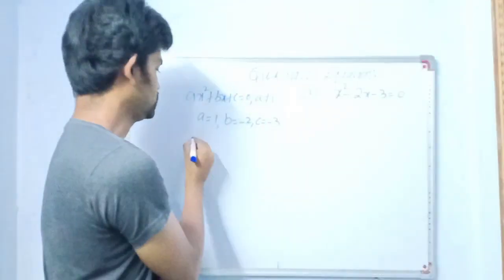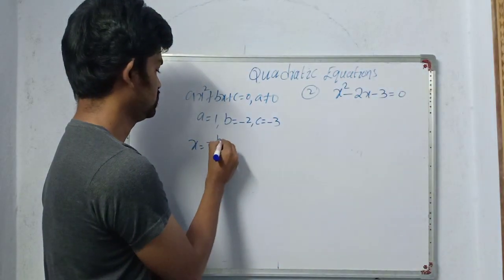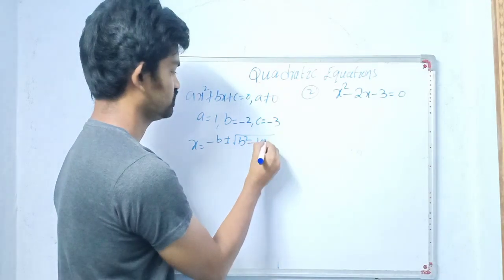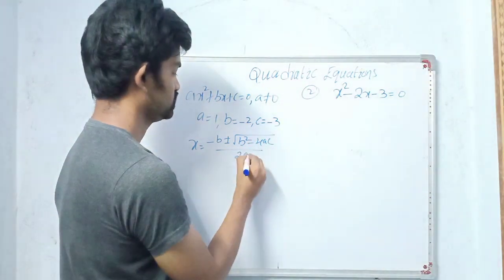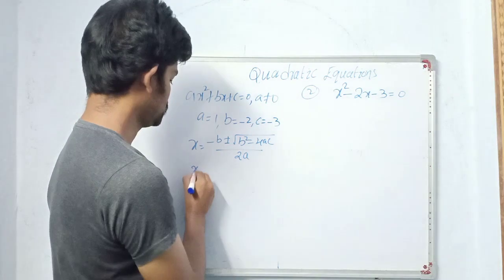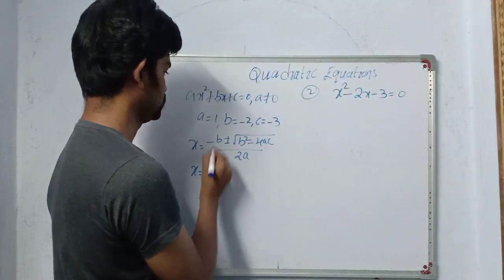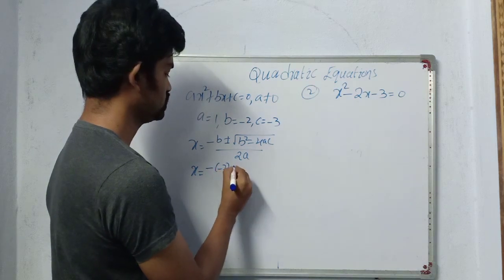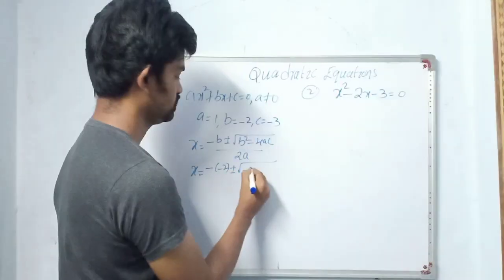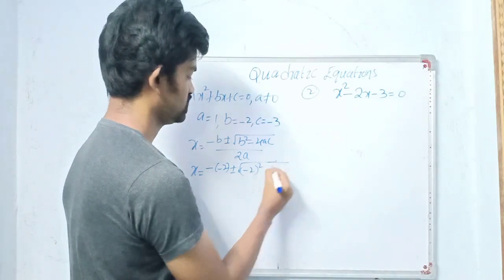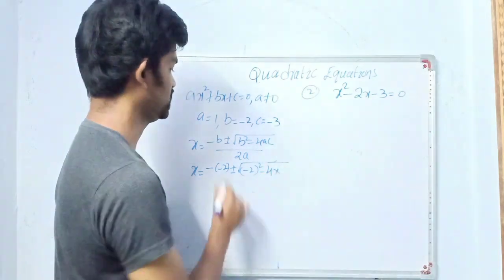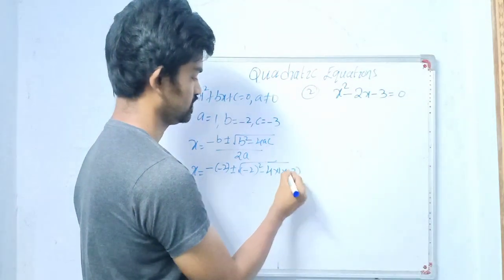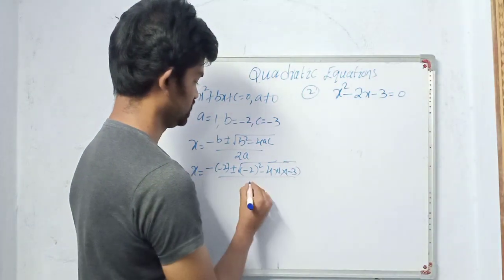So again write the quadratic formula: minus b plus or minus root over b square minus 4ac by 2a. Minus b. So here already minus is here, b value is minus 2, plus or minus root b square is minus 2 whole square minus 4 into a is 1 and c is minus 3, divided by 2a.